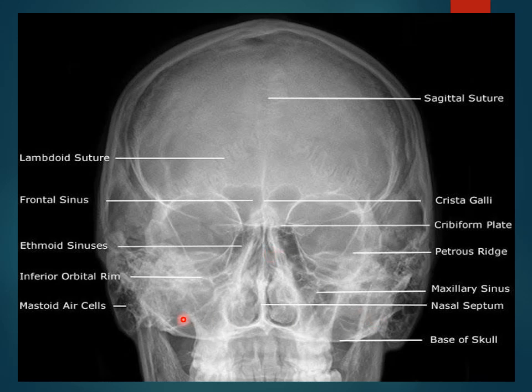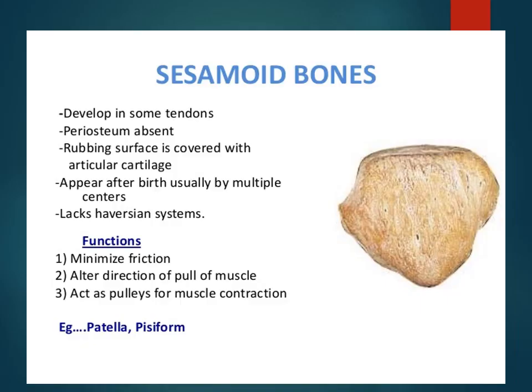Here you can also appreciate the mastoid process. Just behind your ear is that dense thick bony projection, which is the mastoid process. This has these mastoid air cells. So the mastoid air cells are also known as pneumatic bone. So these are the examples of pneumatic bones.